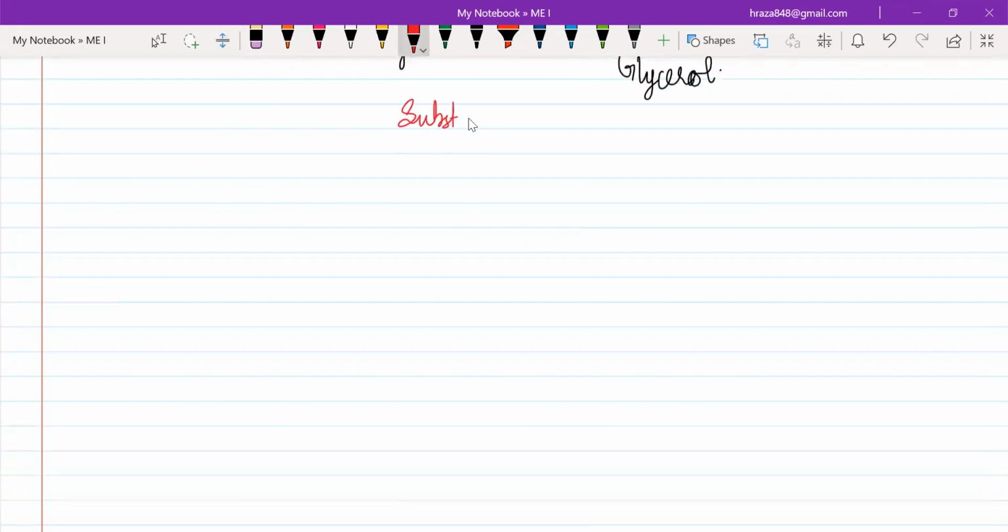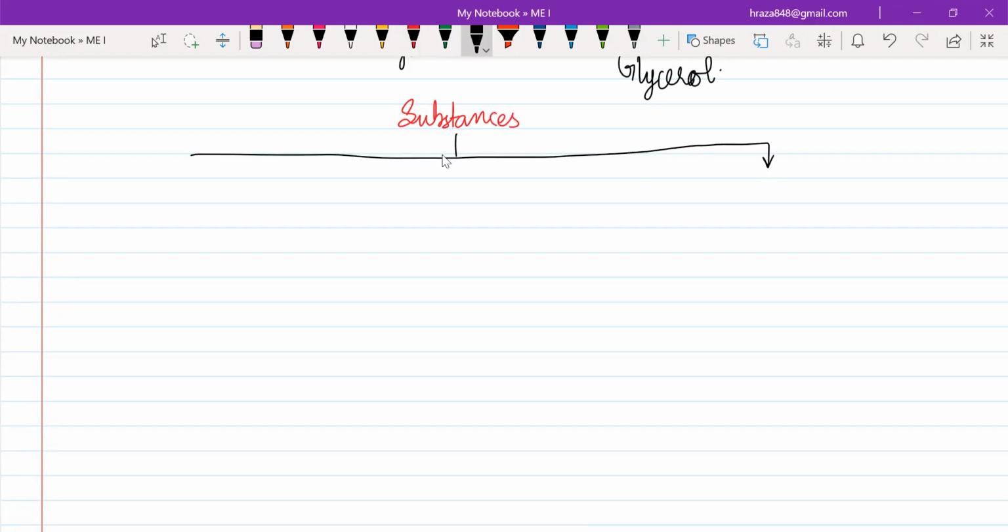Now moving to the next, that is substance. See, there are two types of substances. The first one is volatile. The second one is non-volatile.